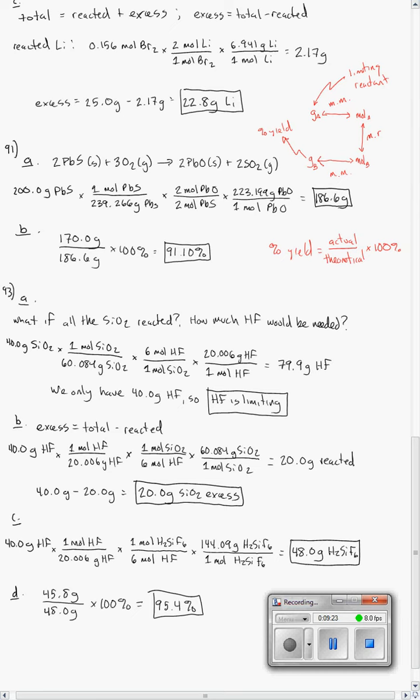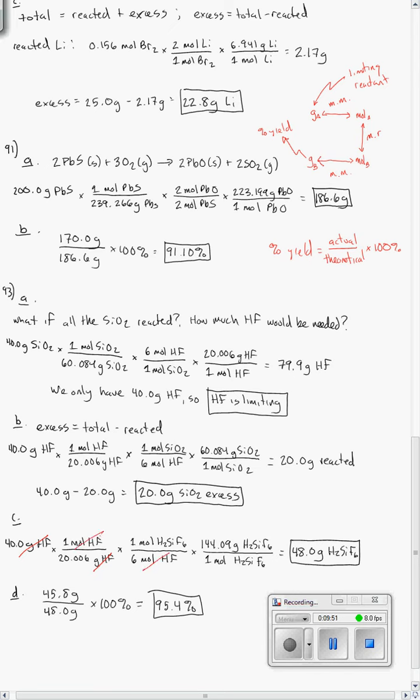This is going to involve us first using the molar mass of HF to cancel out grams of HF. From there we can use the mole ratio given to us by our balanced chemical equation. It tells us that for each 6 moles of HF that are consumed, 1 mole of H2SiF6 will be produced. We want our H2SiF6 in the numerator, and we want to cancel out our moles of HF, so we want them in the denominator.